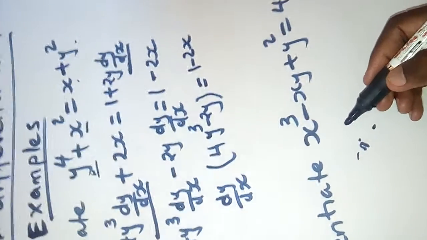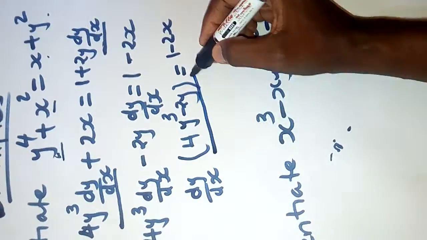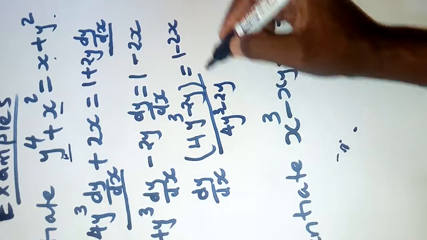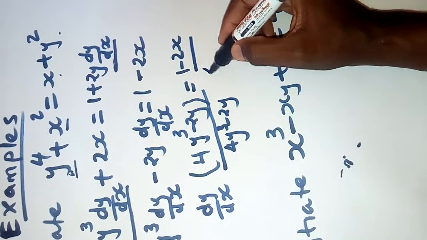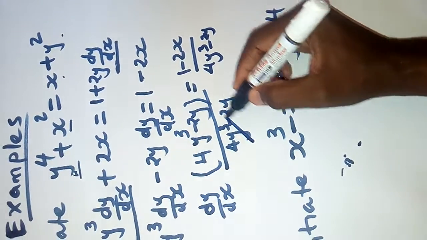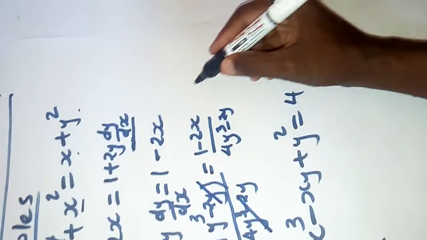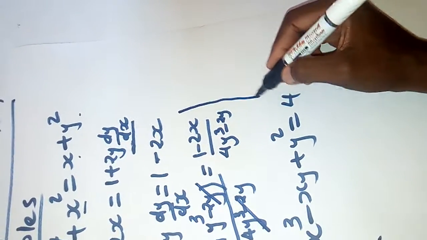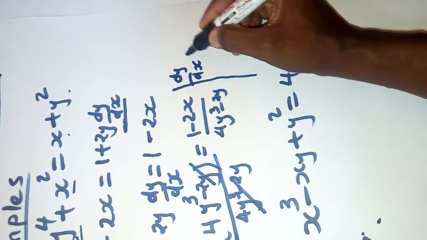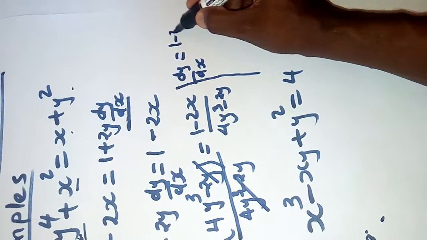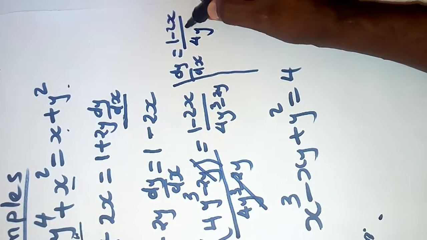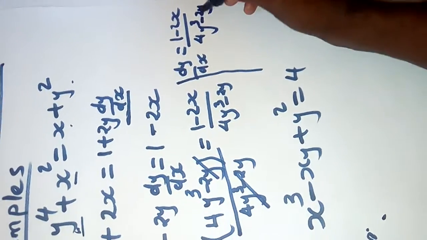So for us to have dy dx on one side, we divide both sides by 4y cube minus 2y, so that this one will cancel, and finally our dy dx will be 1 minus 2x over 4y cube minus 2y.